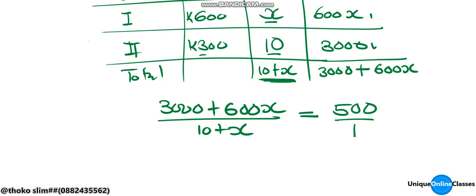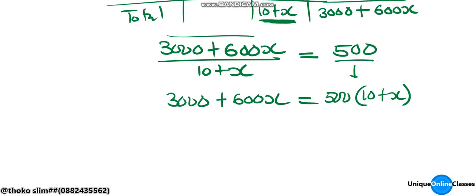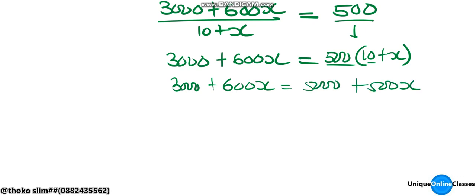To find the value of x, it's a matter of cross multiplication. 1 times this one gives 3000 plus 600x is equal to 500 times 10 plus x. So I'm dropping down 3000 plus 600x is equal to 5000 plus 500x. Now combine like terms: this one goes this side, while this one goes the other side.